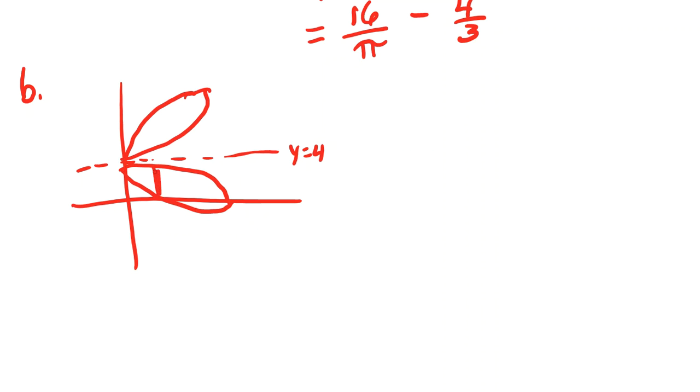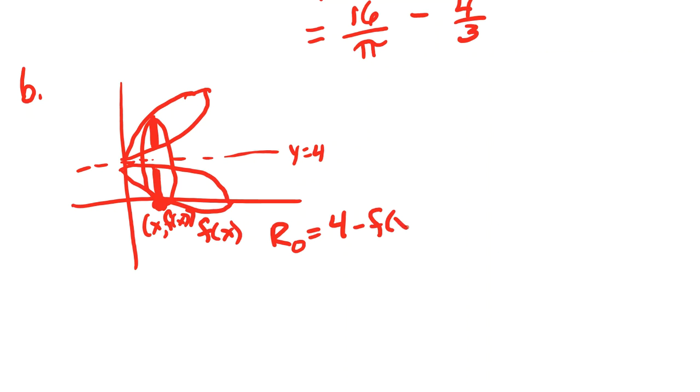And so we're going to get a washer method here. So our outer radius goes down to the bottom function, remember, was f of x. This point here is x comma f of x. So our outer radius goes from 4 down to f of x. And our inner radius, if I change colors here, our inner radius goes from 4 down to g of x.